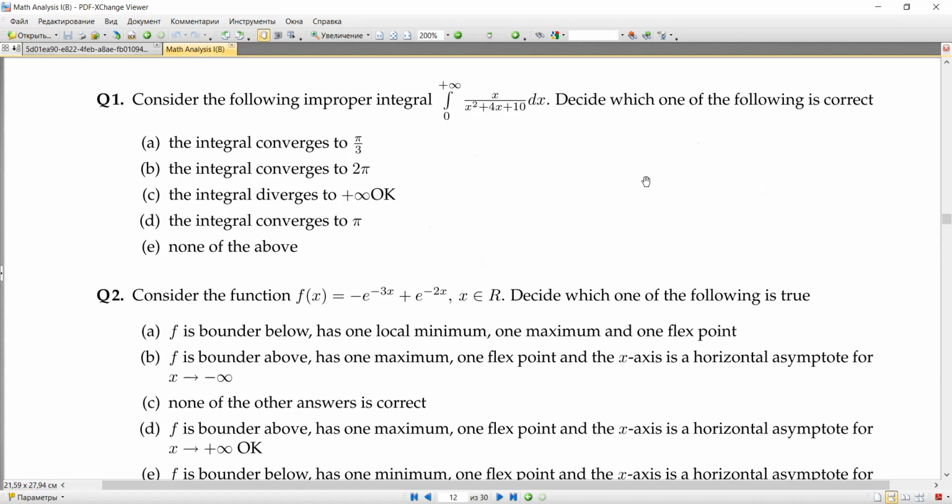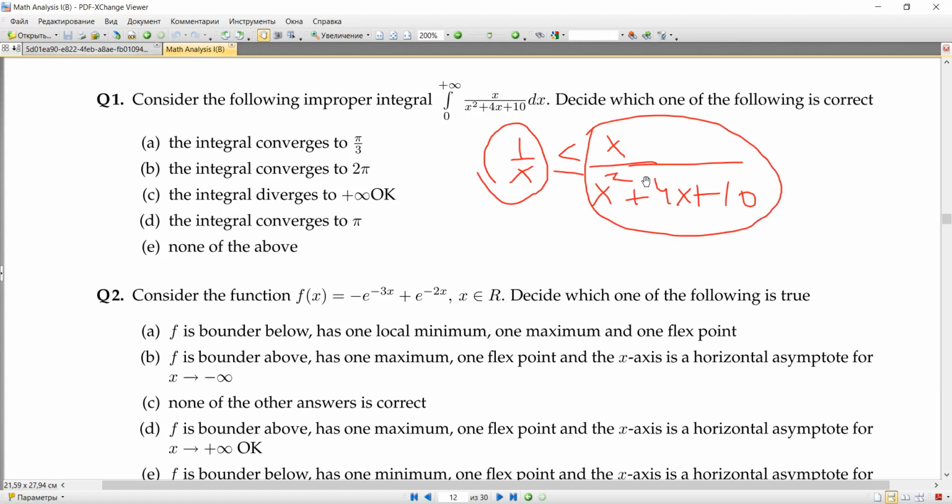Look, 1 over x should be like this, x squared plus 4x plus 10. How? Now, from divergence of this one follows the divergence of the given one. Do you understand me?